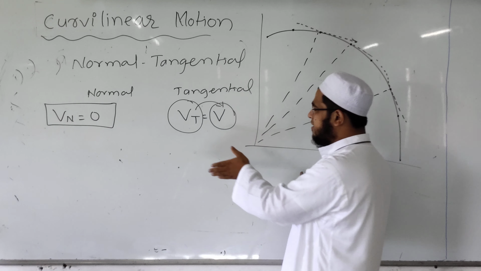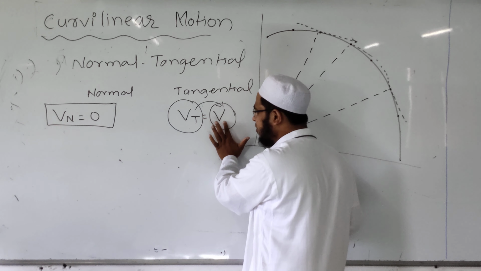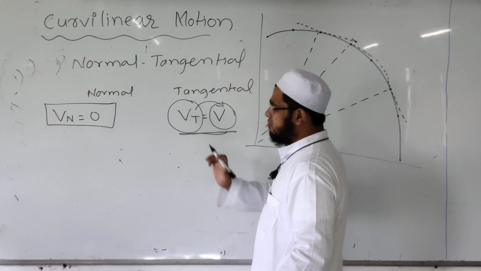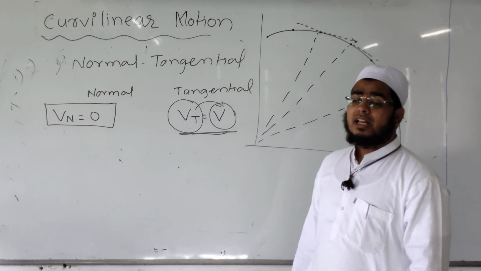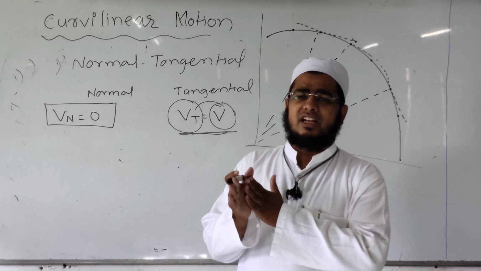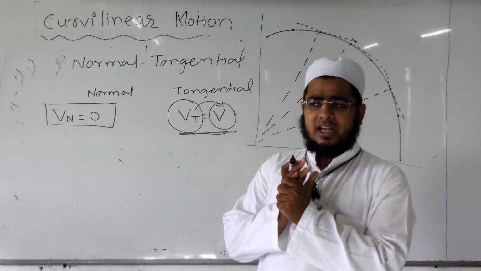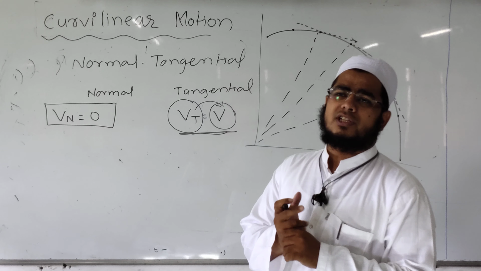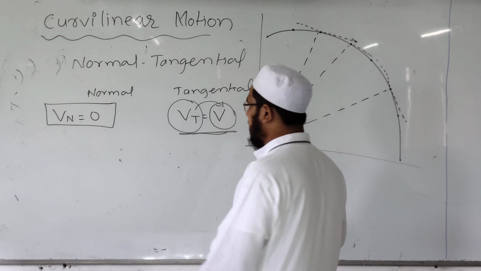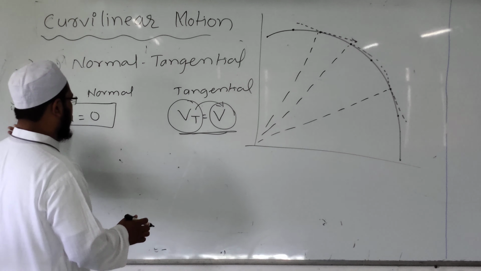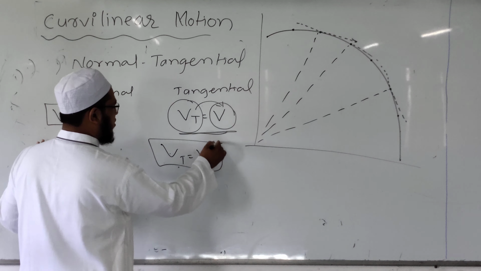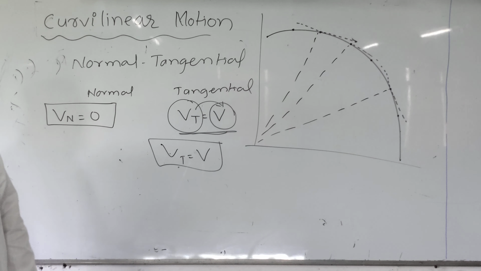The velocity is always equal to the tangential velocity, because in the normal tangential component system there is no displacement in the normal direction. That's why the component of the velocity in the normal direction is always zero. Vt equals v and Vn equals 0.